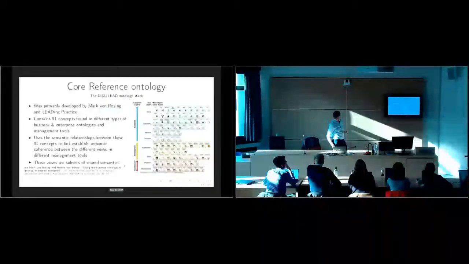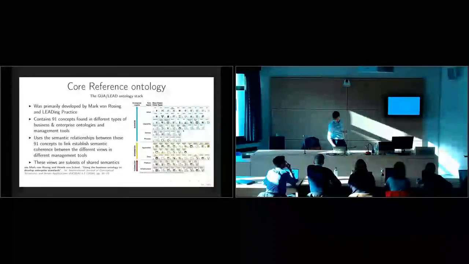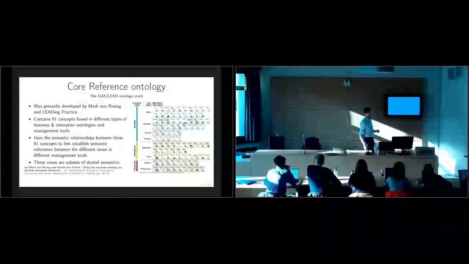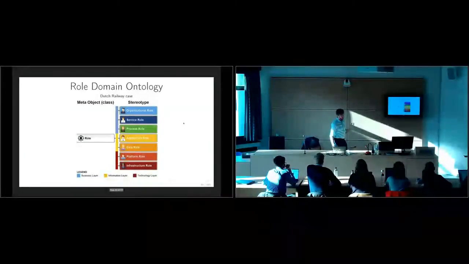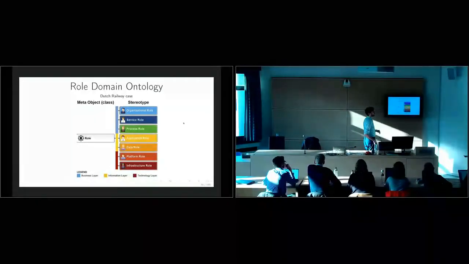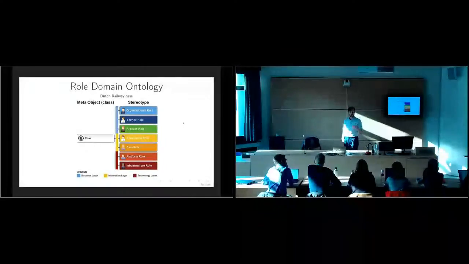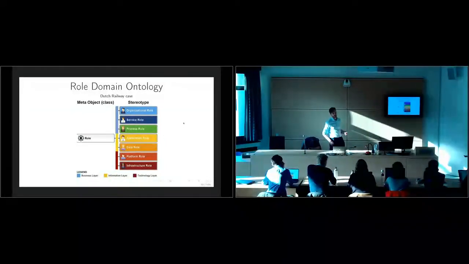If you look at the core reference ontology, role is concept number 25. It's the only one in there. And they developed an entire domain ontology around roles. So what different roles do we have in organizations?